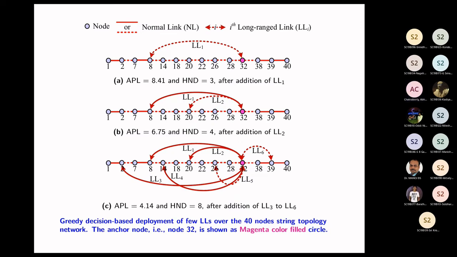So here we can see, until this slide, that when we are adding a deterministic link based on some particular parameter, here minimizing average path length, over time one of the nodes connected by long link 1 will attract other links. We call this node an anchor node because it is anchoring other links in that network when we are adding links in a deterministic way.